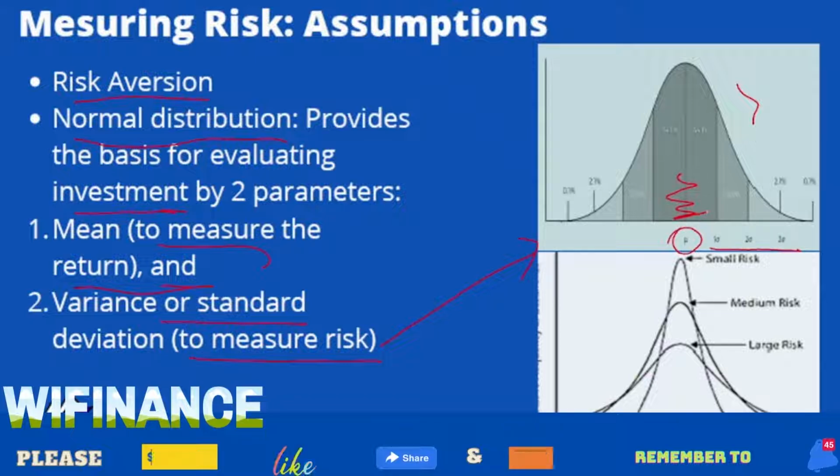Remember, when the distribution is normal, the mean, which is the average of the numbers, is going to be at the center of this distribution, which is also the median. But observe that the center of the distribution is also where you have the mode, which is the observation occurring most frequently.